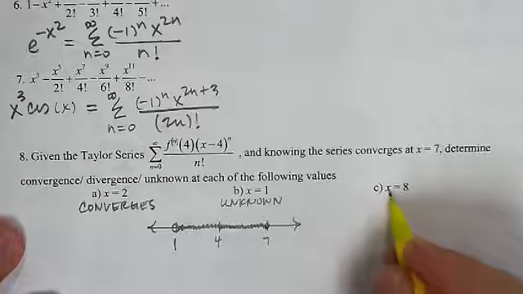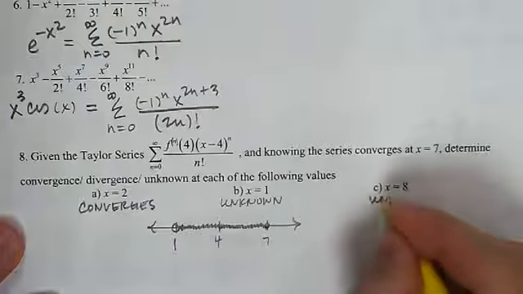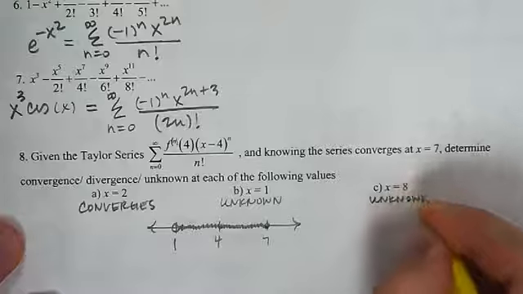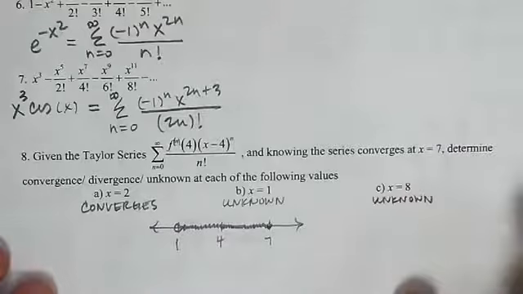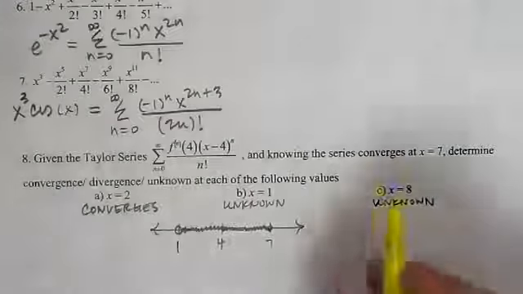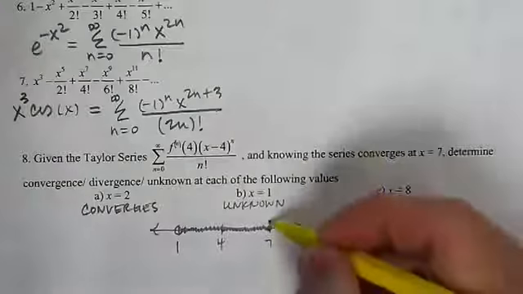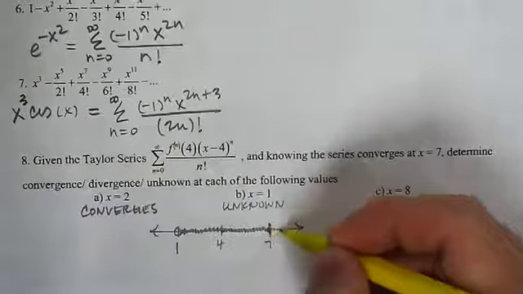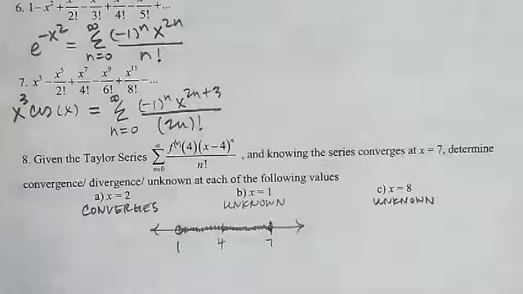Okay, and this one's also going to be unknown. If they had said the series converges conditionally at x equals 7, then we would have known that this was for sure an endpoint, and anything beyond it, like x equals 8, would have given us divergence. All right, that's all for that worksheet.